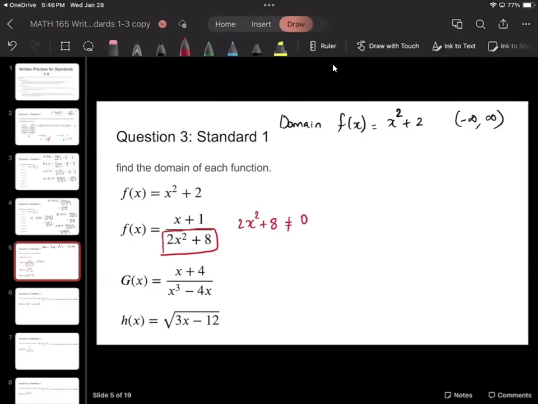Fortunately for us, no matter if x is negative or positive, 2x squared is going to become a positive number, because when you square a negative, it becomes a positive. So a positive plus a positive is still a positive. There is no x value that is going to make the denominator 0, which means the domain of this is also all real numbers.